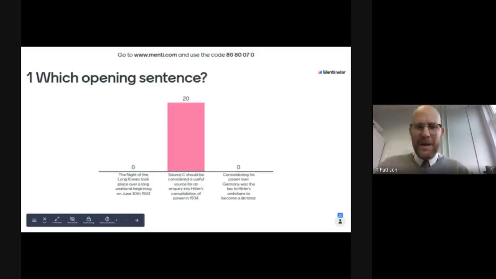Okay, yeah, everybody has gone for the one that I would agree with. So our opening sentence for our together answer is: Source C should be considered a useful source for an inquiry into Hitler's consolidation of power in 1934.